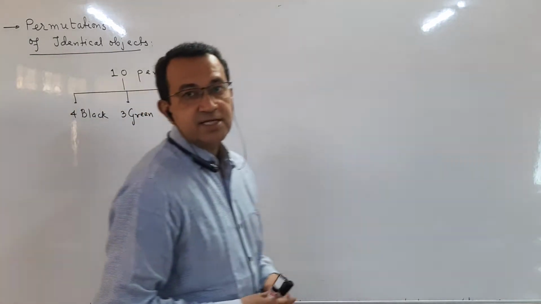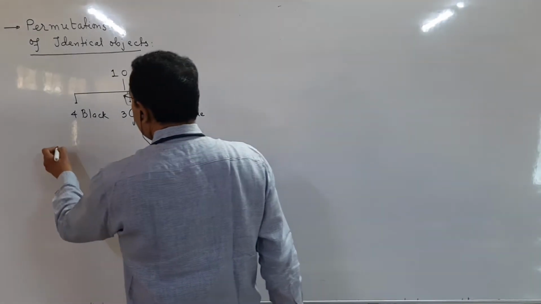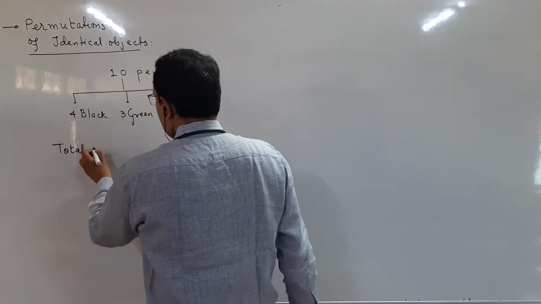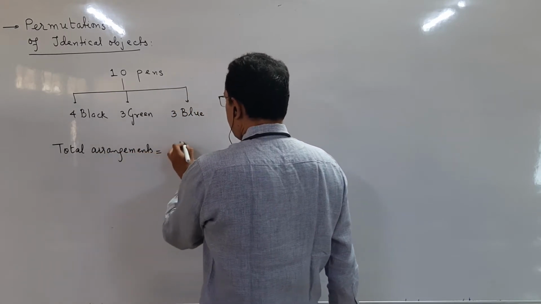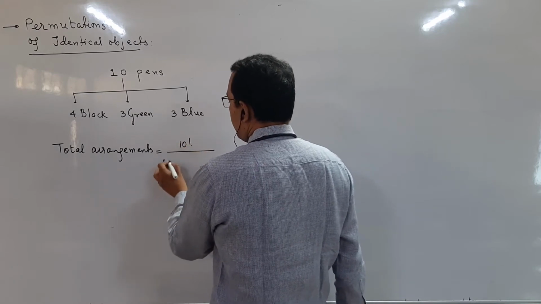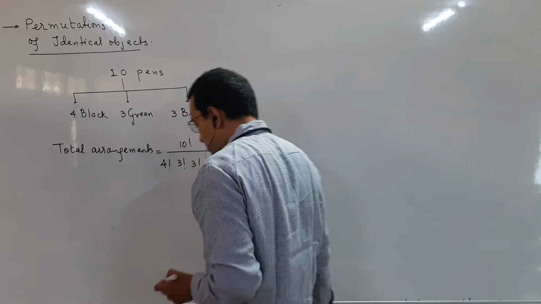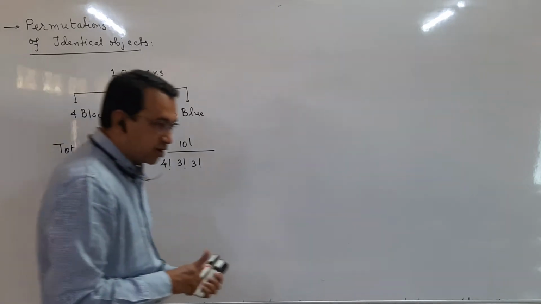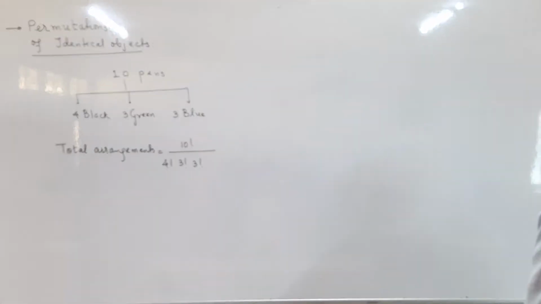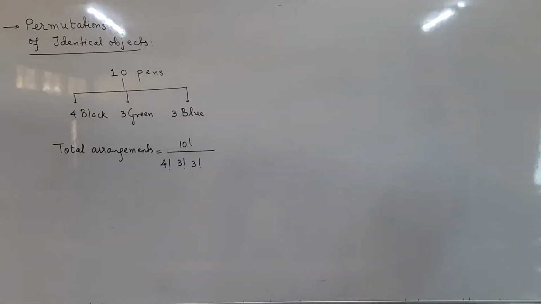Now, if there are 10 distinct pens, the total arrangements would definitely be 10 factorial. But here I have to divide by 4 factorial, 3 factorial, 3 factorial. Say there are 10 pens, out of which 4 are black, 3 are green, and 3 are blue. So these 4 identical black pens will not be arranged in different ways. These 4 pens can be arranged in only one way.